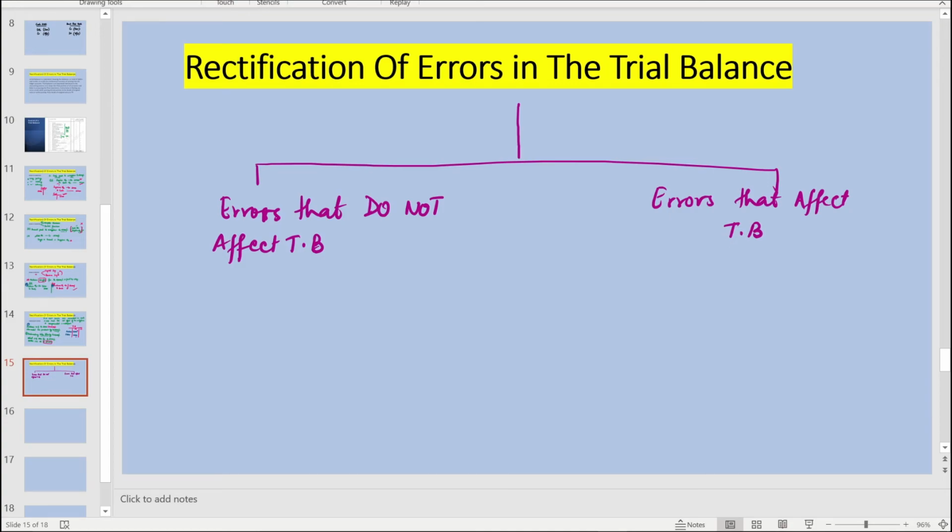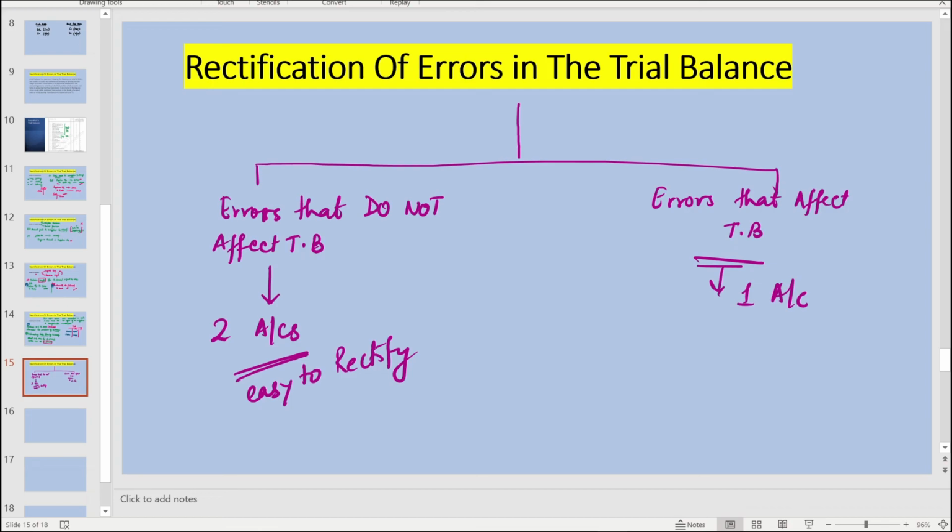Errors that do not affect trial balance usually happen in two accounts, okay? So what happens is it either nullifies, or it is compensated, or it is an omission, and we can make the correct entries. It's easy to rectify. Whereas errors that affect trial balance affect only one account. Sometimes the accountant has made a mistake in only one account. For example, cash received 25,000 from ABC.